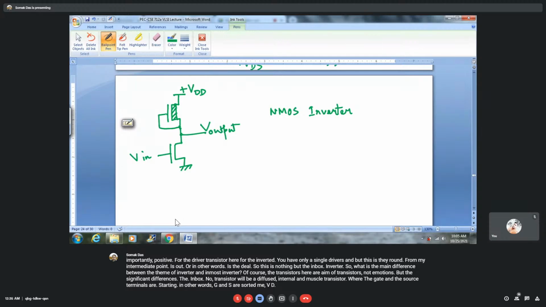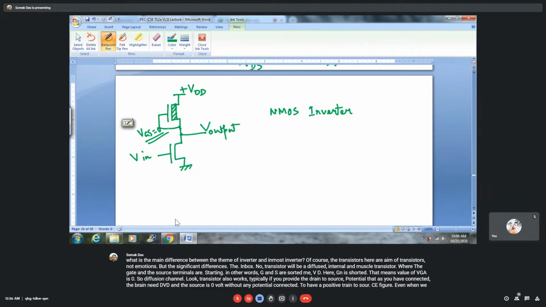So a diffused N-channel load transistor works if you provide the drain to source potential. As you have connected the drain with VDD and the source with 0 volt, you have a positive drain to source potential which will trigger the drain current flow through the channel even when VGS is 0 volt.